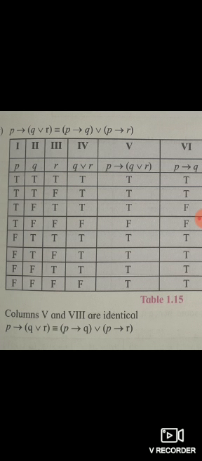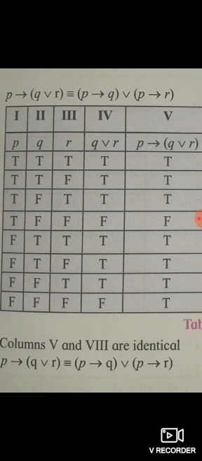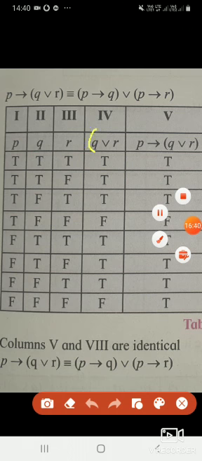In this one, the P value, Q value and R value are written. To find the left hand side, first we have to find Q or R, and P conditional to Q or R. These two you have to find out.